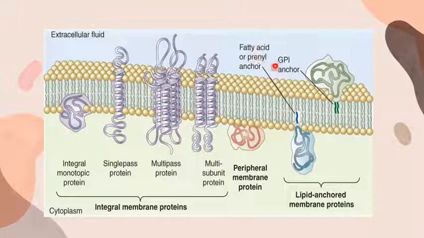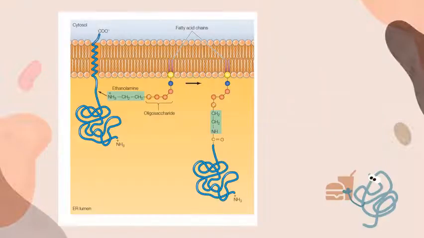Here you can see fatty acid anchor, and you can see here the GPI anchor protein. Lipids, parts of the lipid anchored proteins, are added in the ER, as you can see here. Example, the GPI anchor.